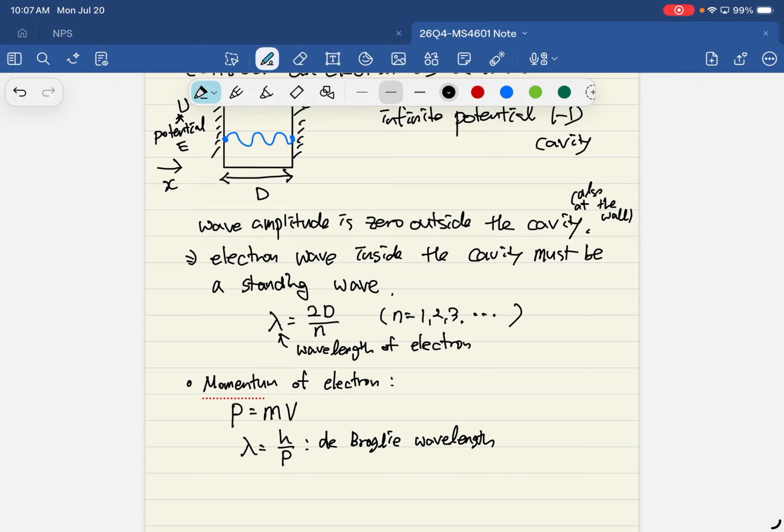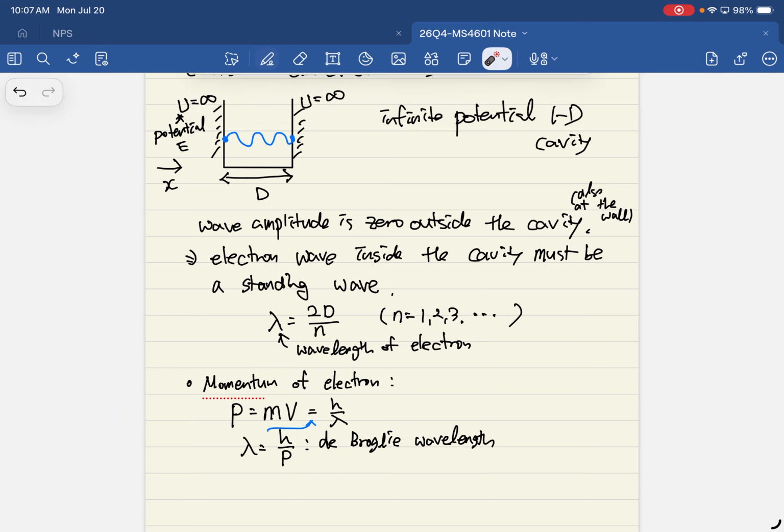Since p is expressed this way, we can express this as h over lambda. So classically we express momentum in terms of just mass times velocity, but using a quantum concept we can express momentum in terms of the Planck constant and the de Broglie wavelength.